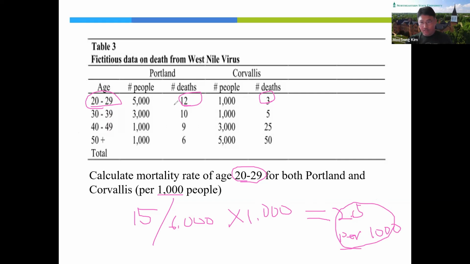We can also calculate the age group 40 to 49. So 9 plus 25, which is 34, over the total population, 1,000 plus 3,000, which is 4,000, times 1,000. So that is the age-specific mortality rate.